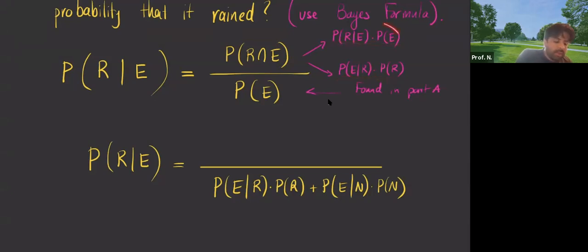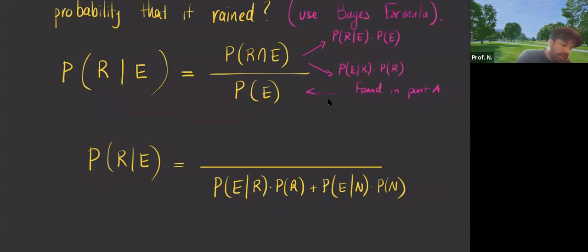Which one do I have? Do I know the probability that he's early given that it rained, or the probability that it rains given that it's early? The first one, because the second is exactly what I'm trying to figure out. It won't help me to use what I'm trying to figure out. I have to use what I already have.